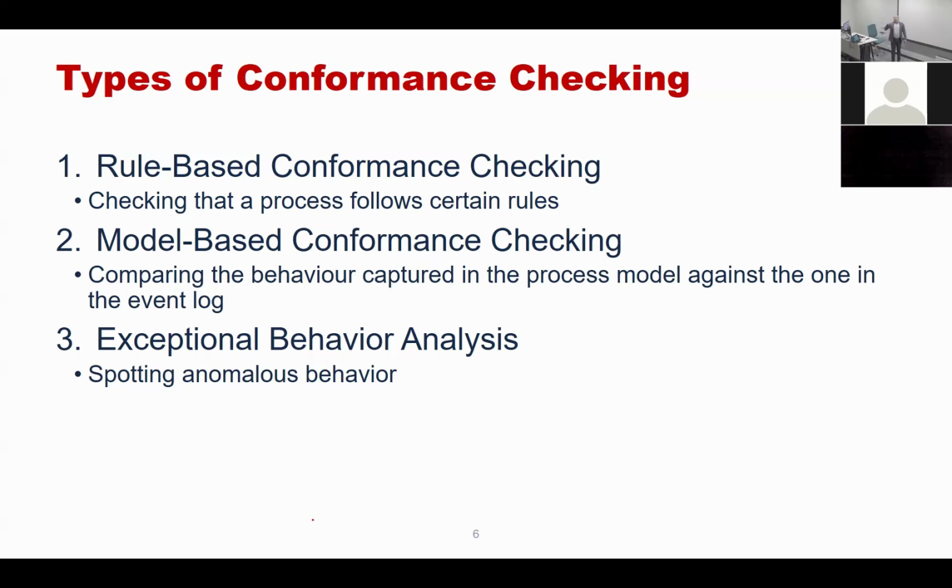Finally, both rule-based conformance checking and model-based conformance checking can only detect deviations with respect to rules or models that have been explicitly captured, but nobody can claim that they have captured all the possible cases of non-conformance in a given business system.